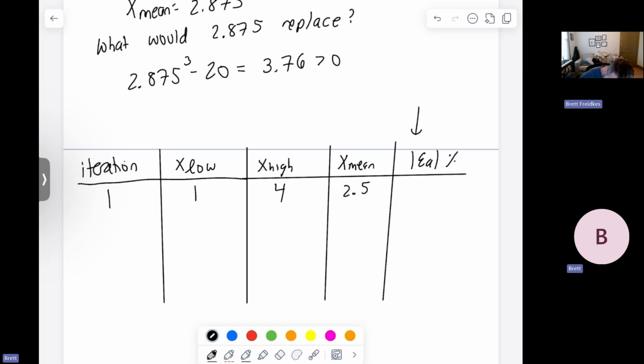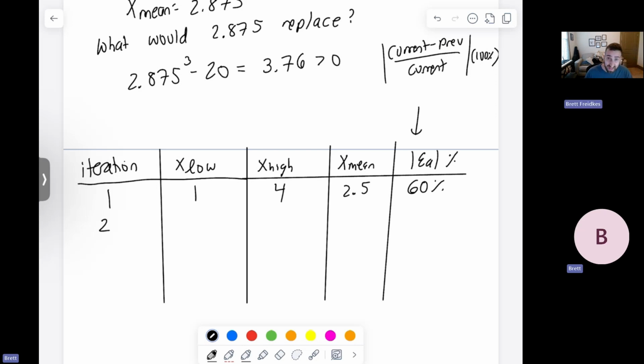Remember that this is current and is previous over current times 100%. I could do 2.5 minus 1 over 2.5 if I'd like. Or you could do 2.5 minus 4 over 2.5. It won't change the percentage because they're equidistant. It's right in the middle. I think you get 60% if you do this, or something like that.